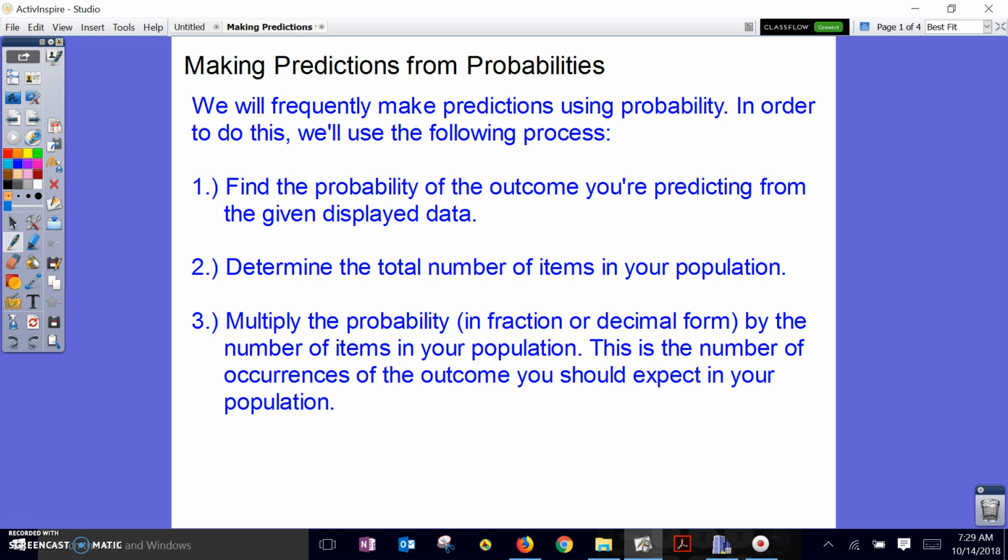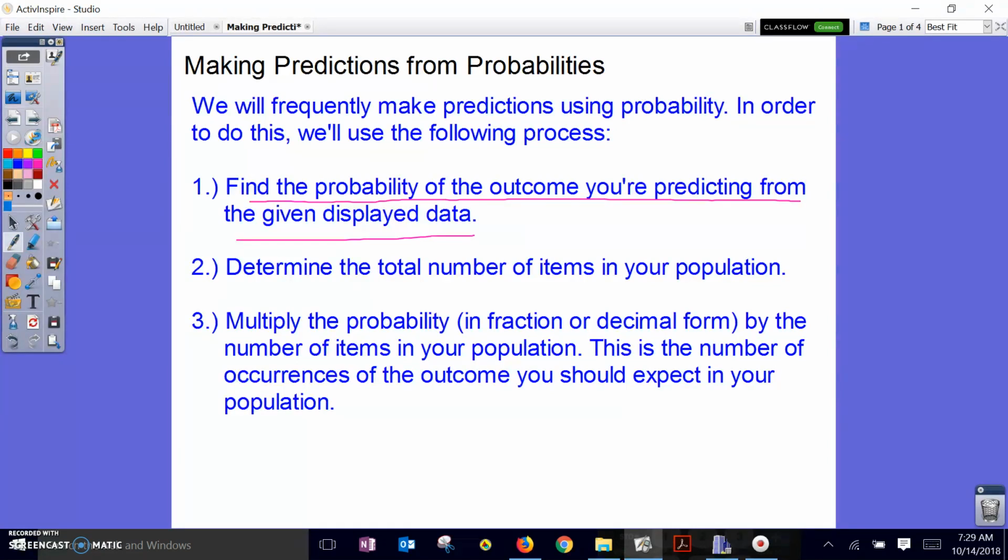When we're trying to make predictions using probability, basically we're going to use this process. The first thing we're going to do is find the probability of the outcome that we're predicting from the given displayed data. And this will make more sense when we actually look at some data displays.